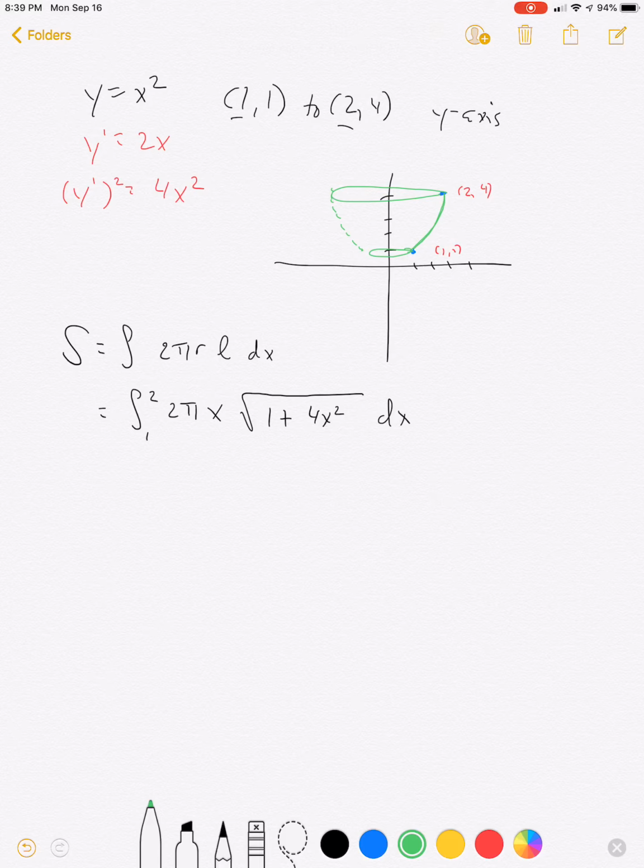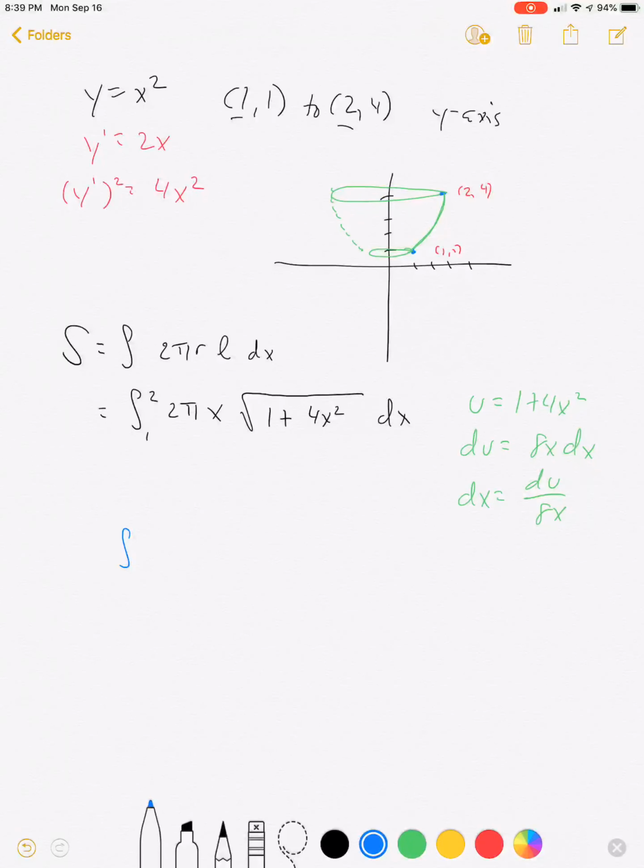Off to the side here, u is going to be 1 plus 4x squared, which makes du equal 8x dx. Solving that for dx, dx will be du over 8x. We'll substitute that back into our integral.